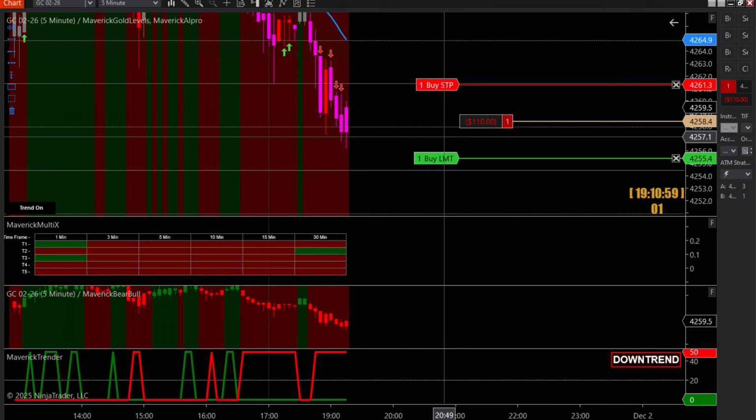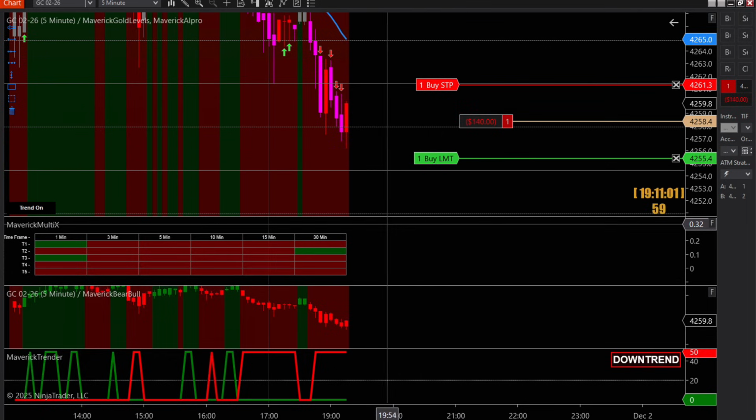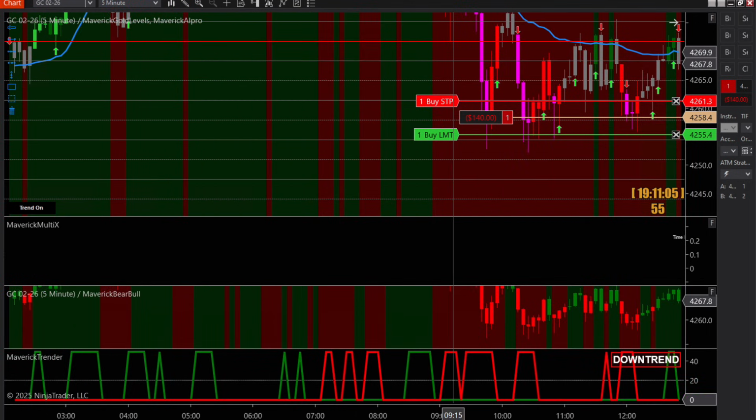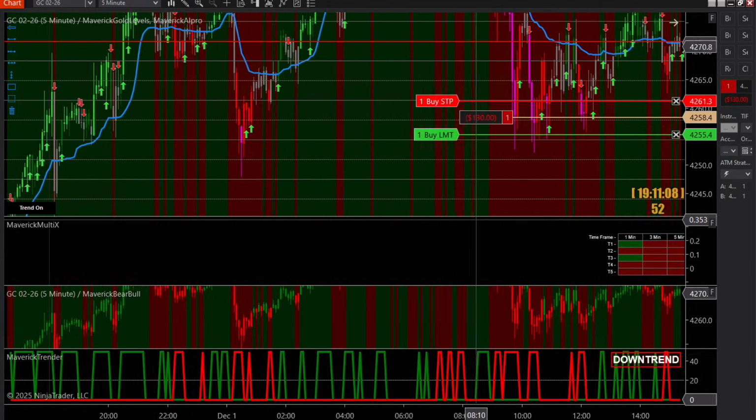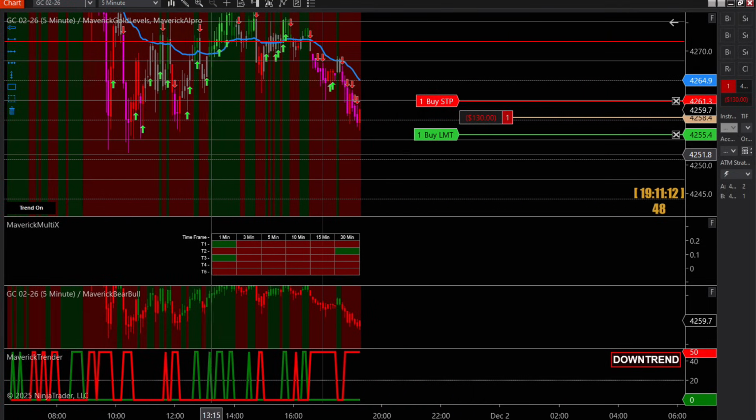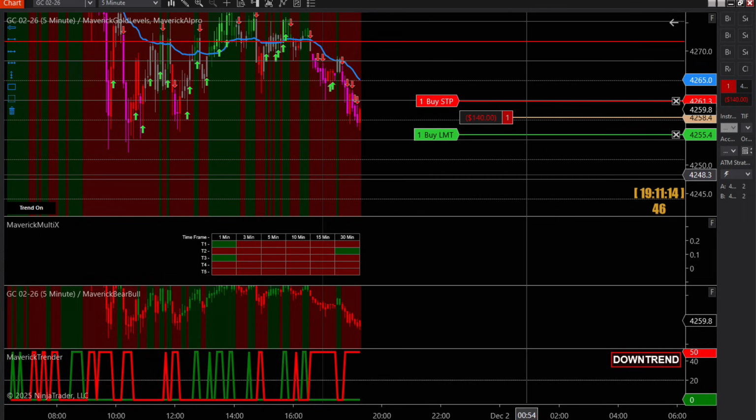I got to give it room to breathe here. So we are coming down to a, oh my goodness, I am coming down to a support area down here. So there's lots of support for gold down here.